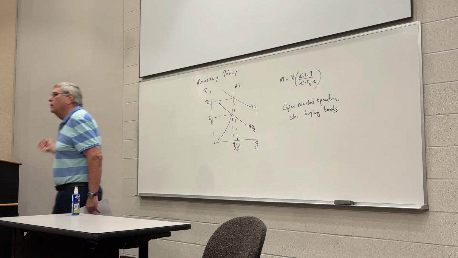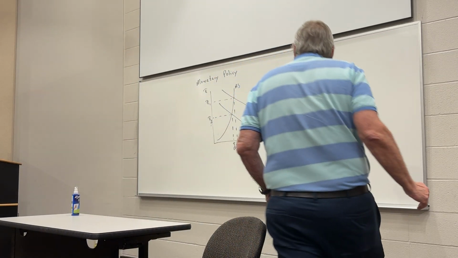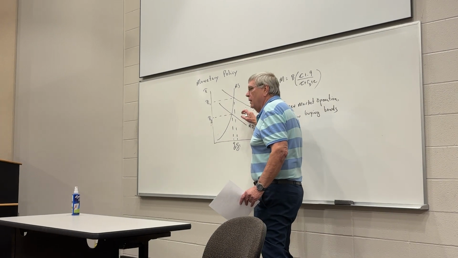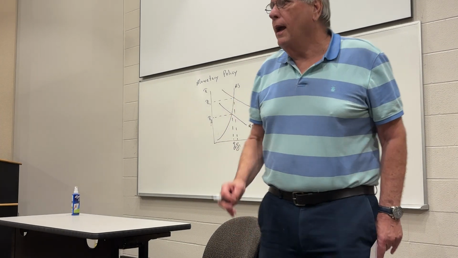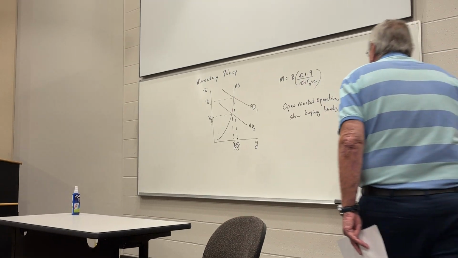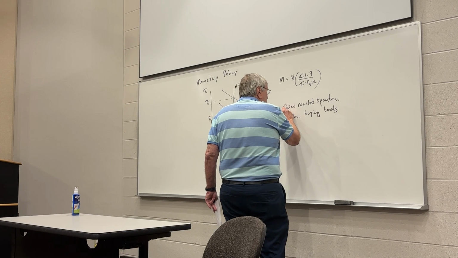Buy fewer bonds on the open market. Who does this? Who can control this? The Federal Open Market Committee, right? You buy fewer bonds, and then aggregate demand is lower. The growth in aggregate demand over time is slower. So that's one thing you can do. So you can do open market operations.